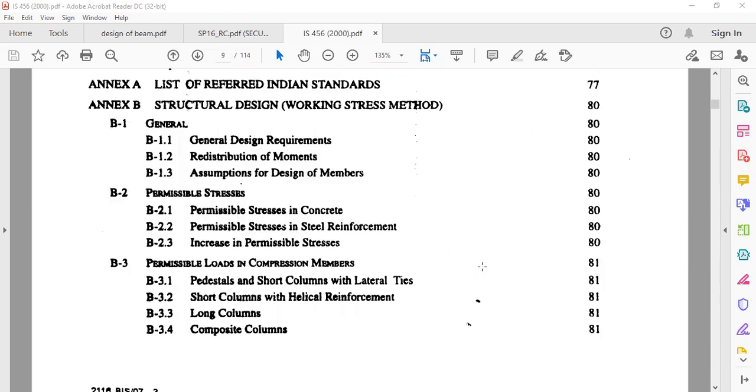And then you also have the earlier working stress method, which is also mentioned there. There are some things, just like water tanks, where sometimes you have to go ahead with the working stress method, so you should know that. So it is also mentioned in this part.